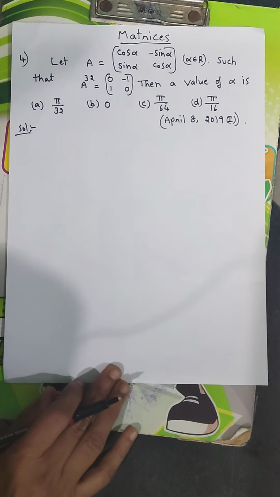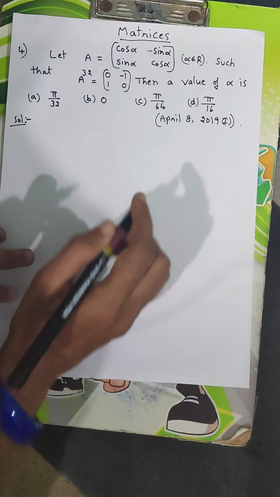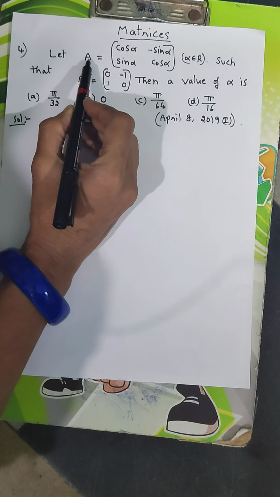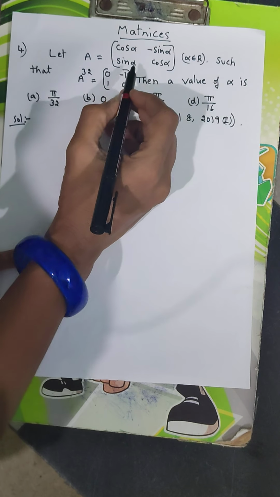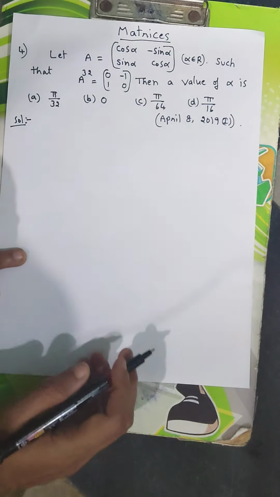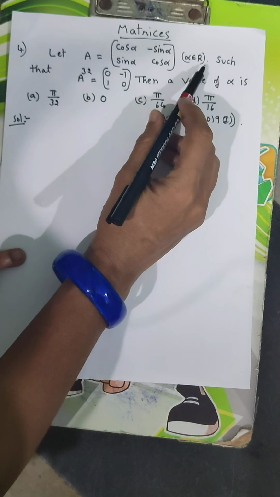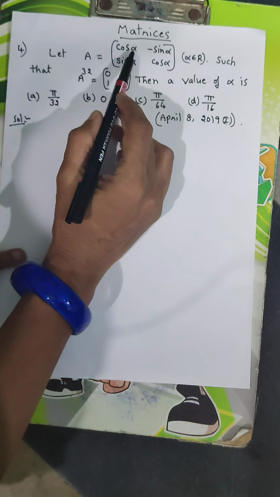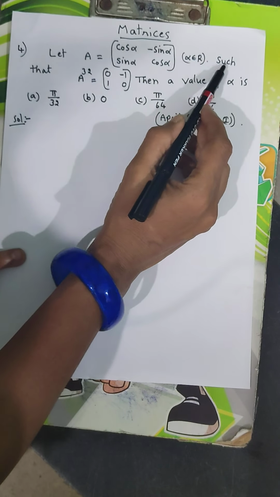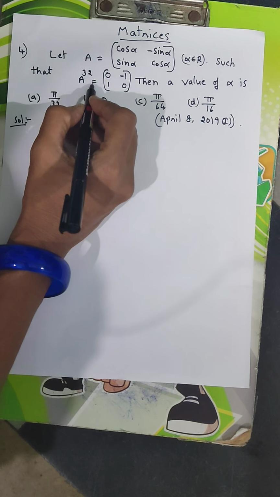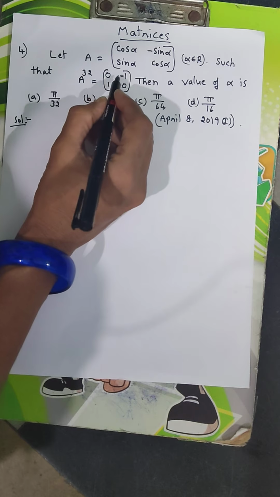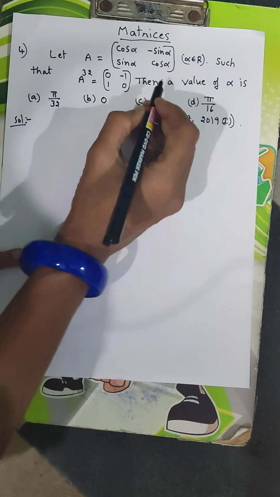In this question, given that A equals the matrix [cos alpha, minus sin alpha; sin alpha, cos alpha], where alpha belongs to R, alpha is a real number, such that A power 32 equals the matrix [0, minus 1; 1, 0].